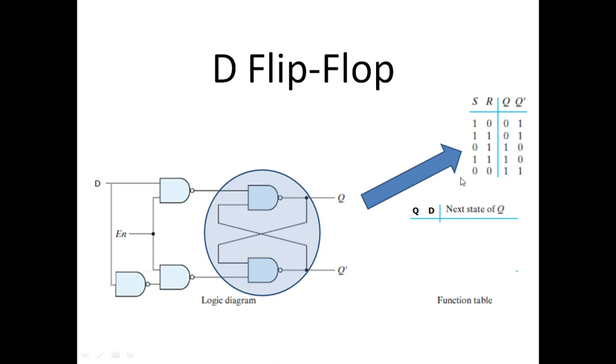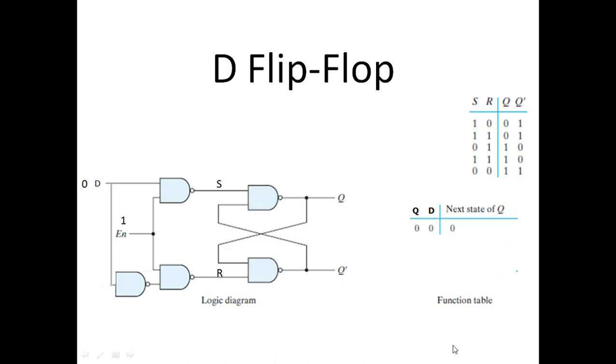To understand that, we can compare the values here with the function table which is given here for this basic flip-flop implemented with NAND gates. When we give input here, whatever the outputs are produced here, this basic flip-flop will operate as it was before, which is described here in this function table.